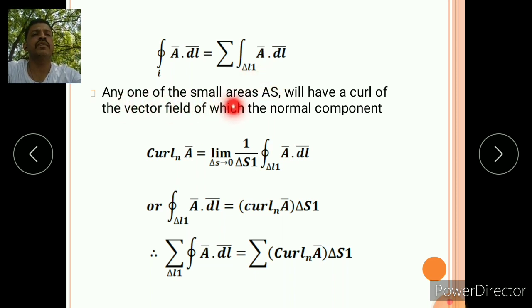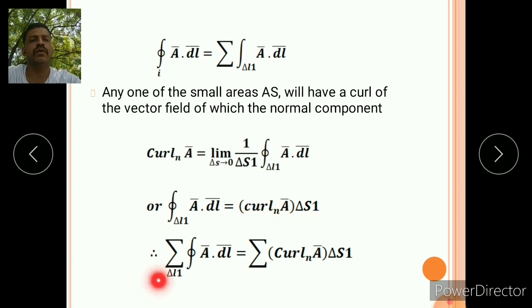Any one of the small areas delta S1 will have a curl of the vector field, of which the normal component of curl A equals the limit of 1 upon delta S1 times ∮ A · dl, or ∮ A · dl equals curl A · delta S1. Therefore, the summation of ∮ A · dl equals the summation of curl A · delta S1.